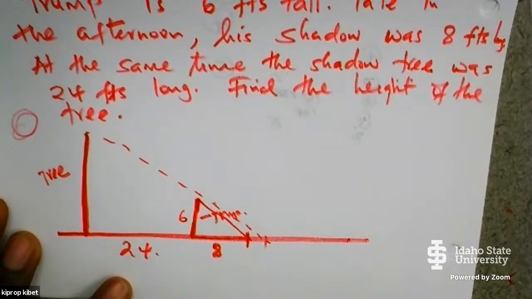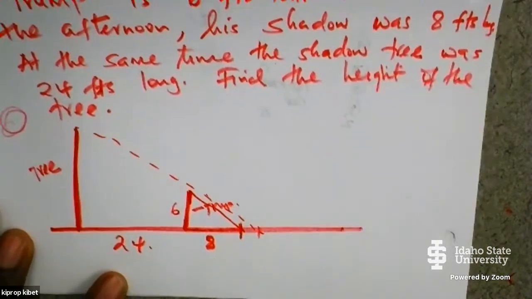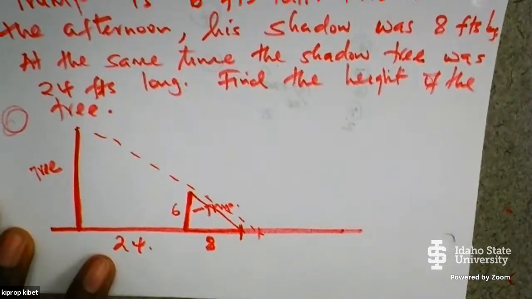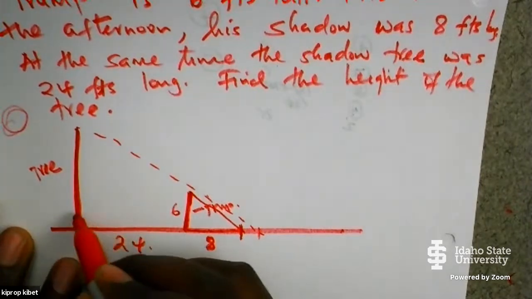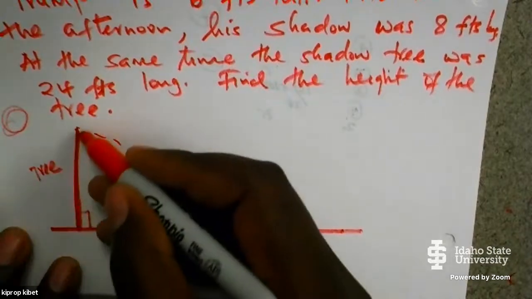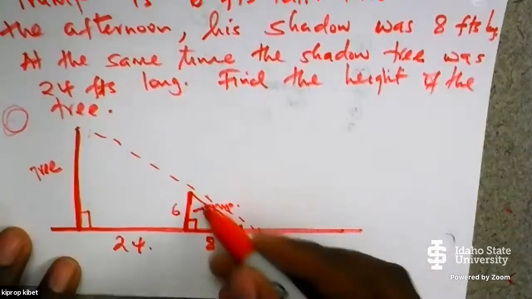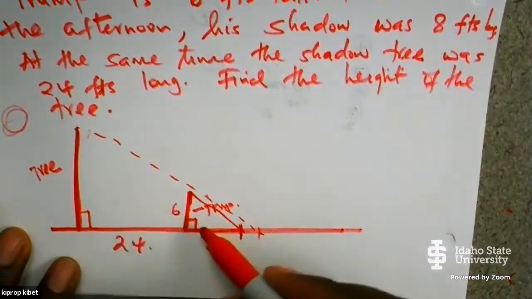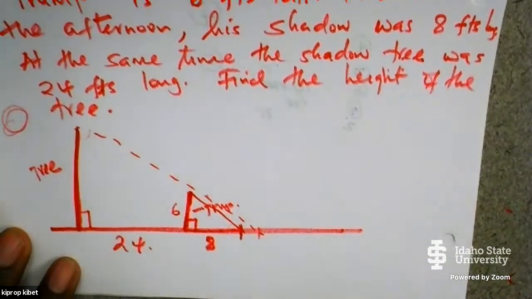So it forms something like a triangle, right? You find that this angle is similar to that. This angle is also similar to this. This one is also similar to that. Okay.